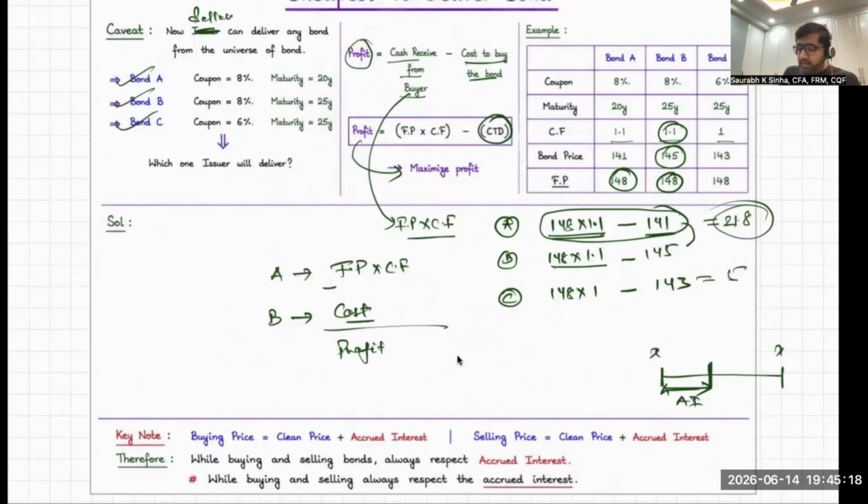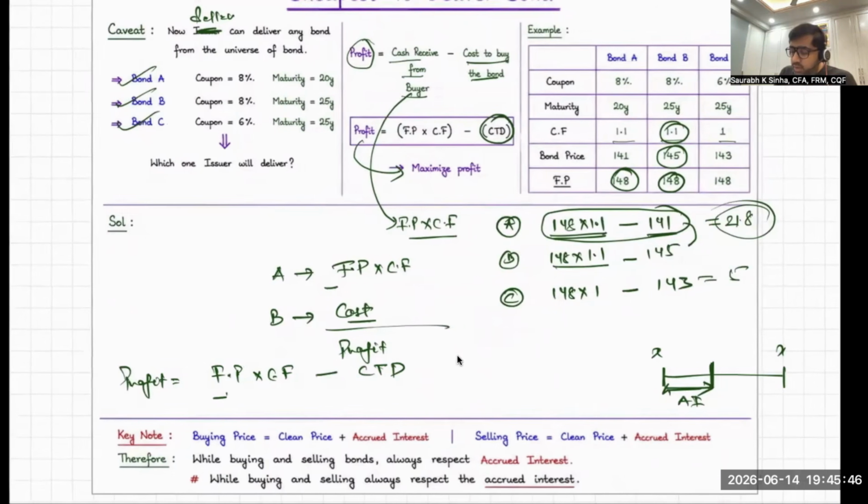Okay. So the profit formula is fixed. That is FP into conversion factor minus cheapest to deliver. But this formula is only valid if you are buying or selling the future contract, or the maturity of the future contract is on the coupon date. If it is not on the coupon date, you have to calculate the accrued interest.